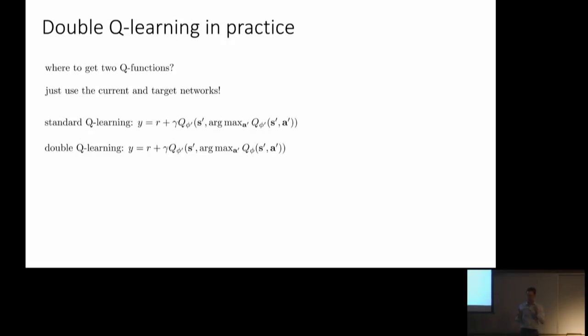So literally the only change we've made is we've turned this phi prime into a phi. Done. It's a very, very simple modification. So that's it. It just amounts to saying, let's use the current network, not the target network, to pick the action, but the value of that action still comes from the target network.